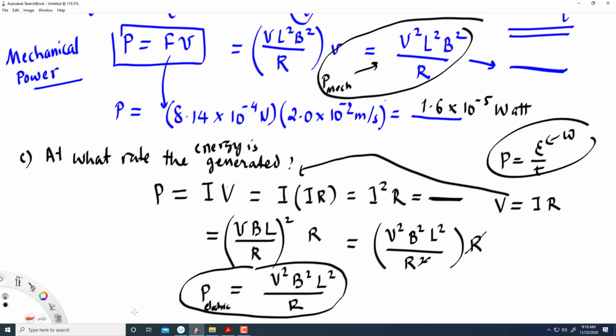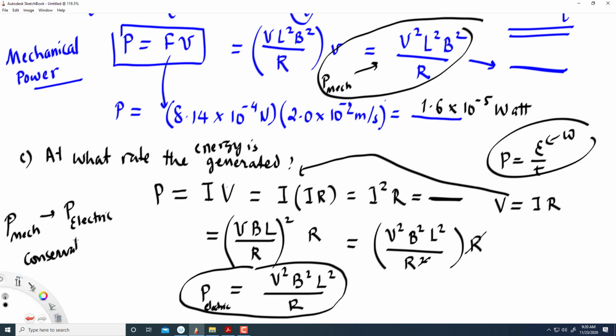Exactly the same. So whatever power you input on that bar or on that system, the same power will be converted into electric form. So the power you use is converted to electrical power. That's the conservation of energy. This is just to show that mechanical power is converted to electric power. Conservation of energy.